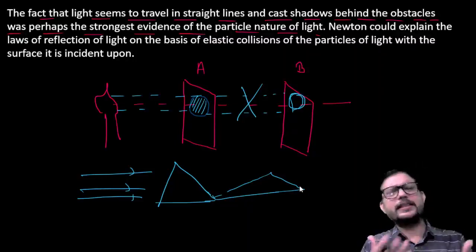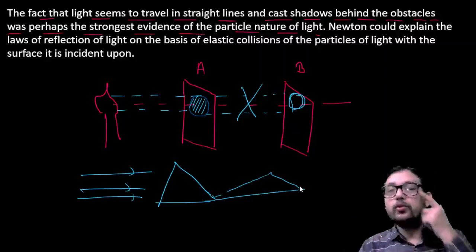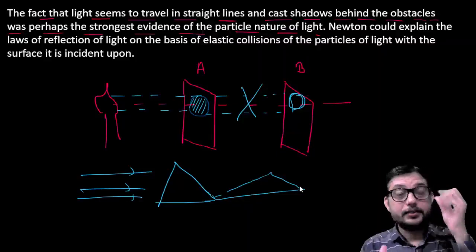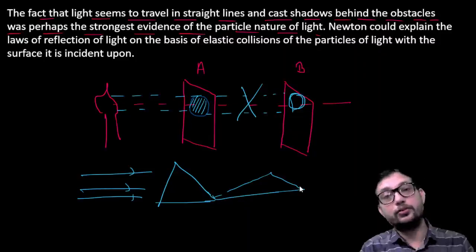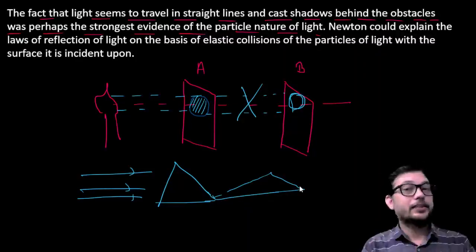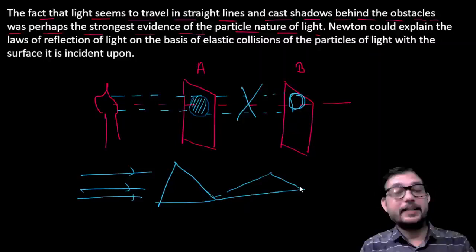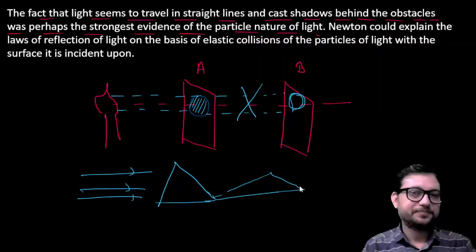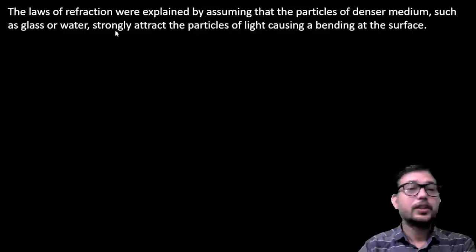We already see our image on the road when we move in daylight. So basically the shadow formation, or the casting of a shadow, strongly suggests that light is made of corpuscles or particles. I hope that up to here everything is clear to all of you.